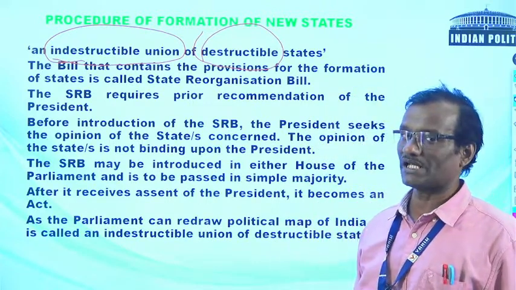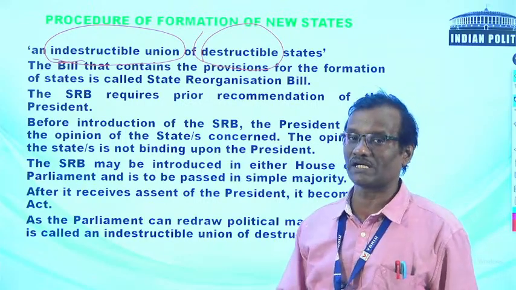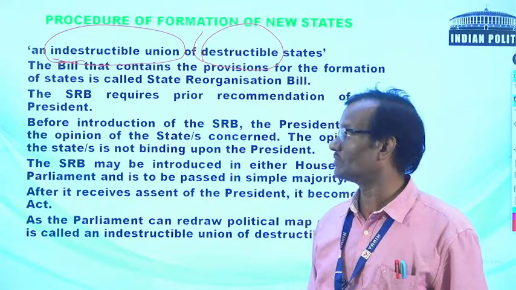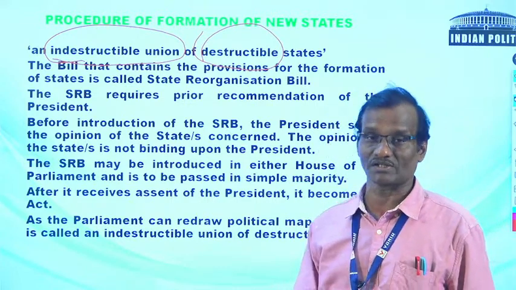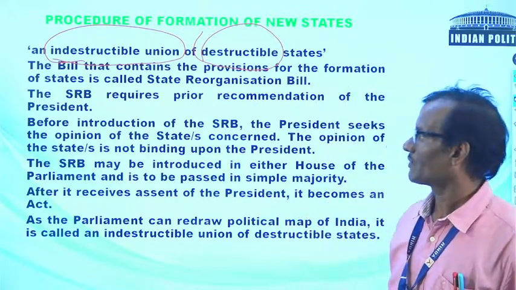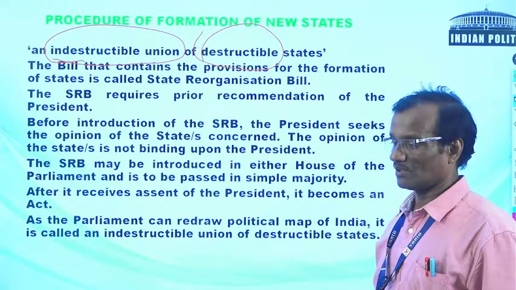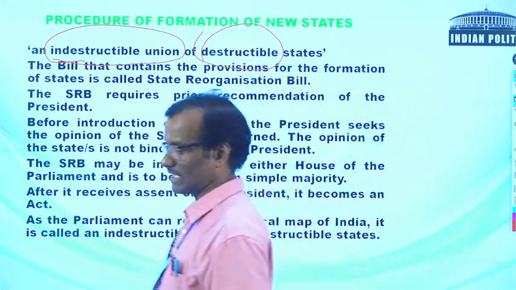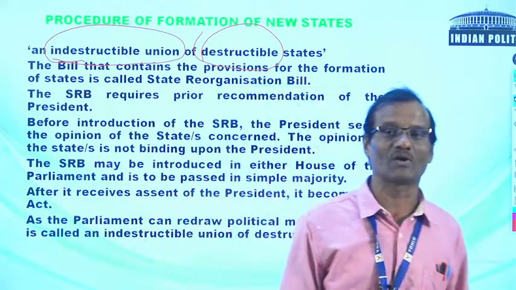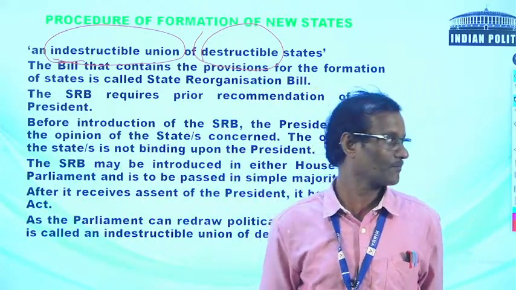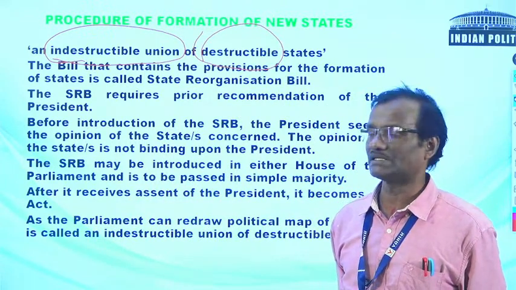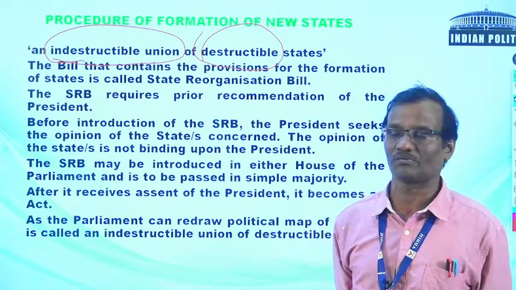The authority to change the territory of India lies with the center itself, and the authority to change the boundary of the state does not lie with the state, rather with the center. And the political reorganization of the state, or redrawing the political map of India, is a prerogative of the Parliament. That is possible because it is a unitary or a quasi-federal setup.